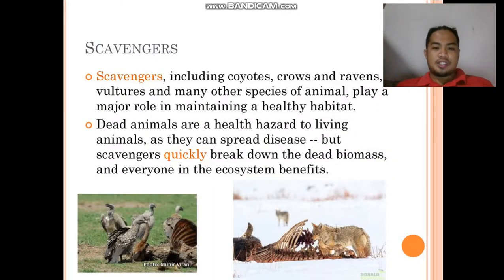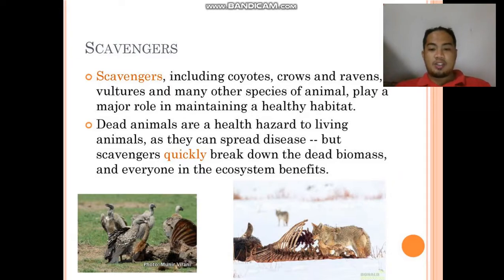How about scavengers? Scavengers including coyotes, crows and ravens, vultures, and many other species of animals play a major role in maintaining a healthy habitat because they eat dead animals that are a health hazard to living animals, as they can spread disease. Scavengers feed on the leftovers of the main consumers in the area.